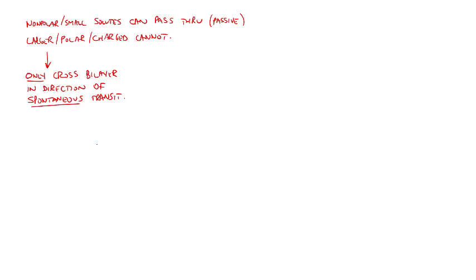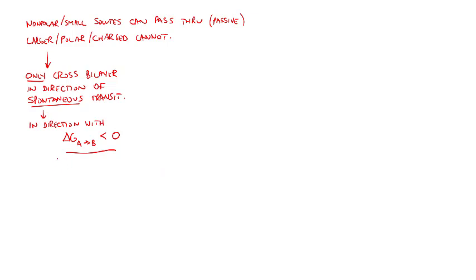So what do we mean by that? They can only flow in a certain direction, and that is in the direction with the delta G of crossing from side A to side B less than 0.